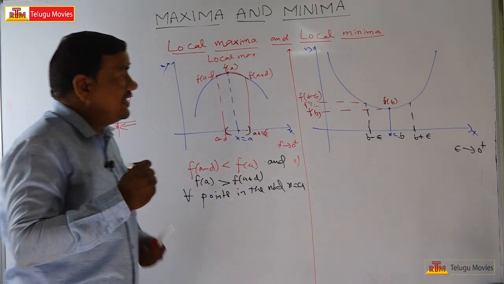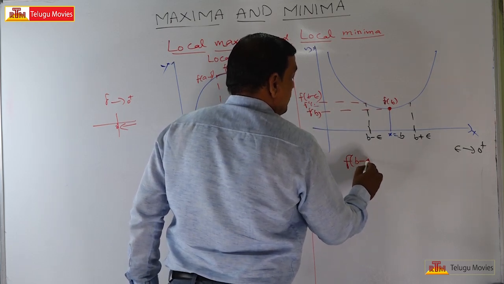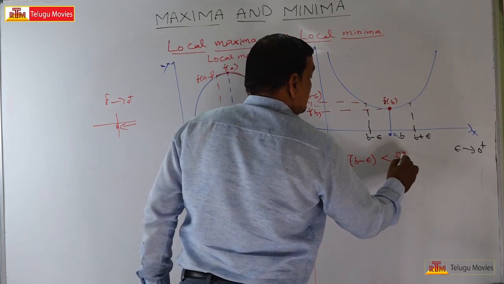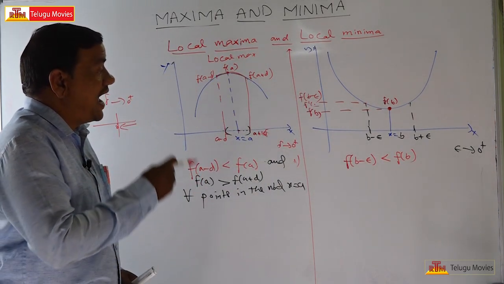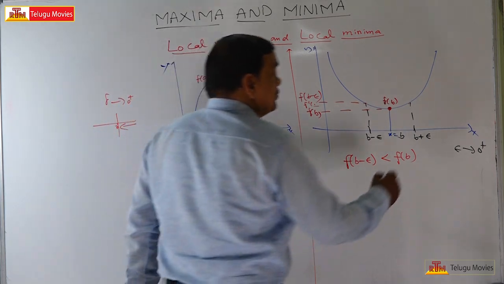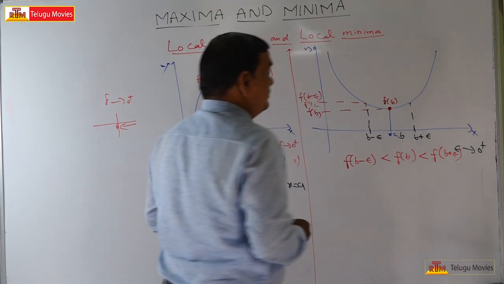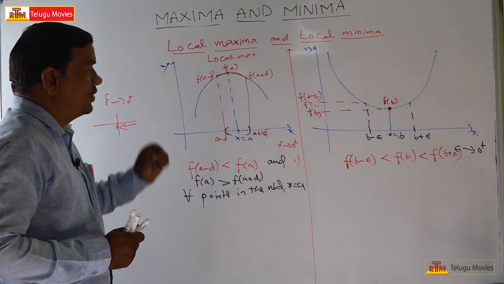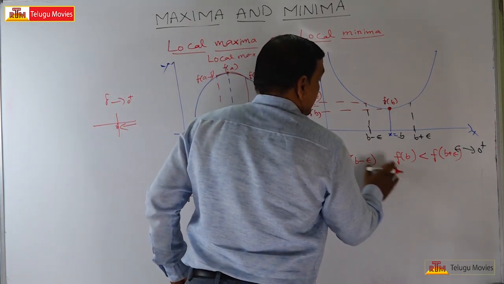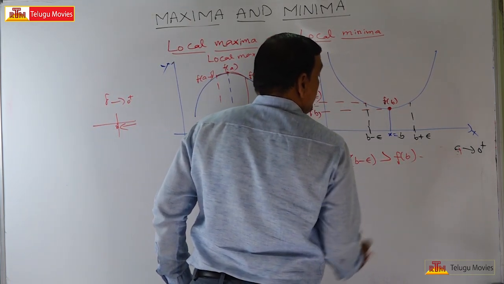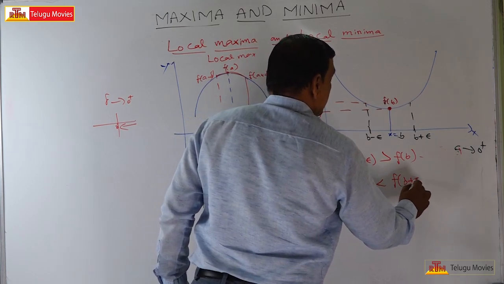Whatever may be these values, f of b minus epsilon should be greater than f of b, and again, f of b should be less than f of b plus epsilon.